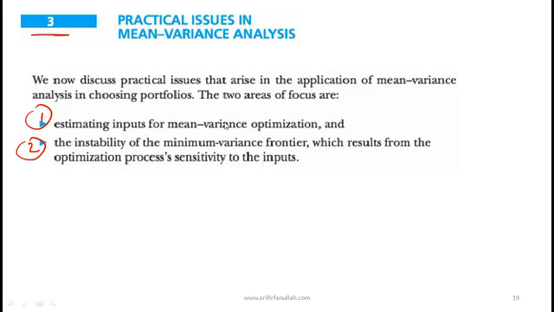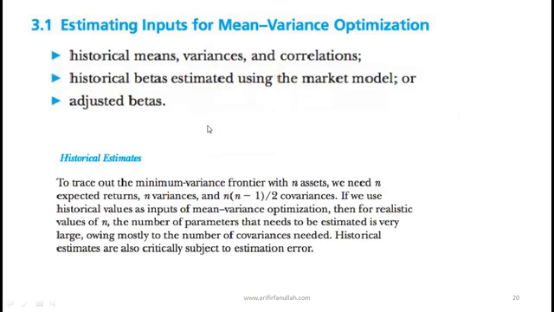So up till now we have assumed that we know expected returns and variance and correlations and we just plug them in. But let's now talk about the practical issues in estimating these inputs.